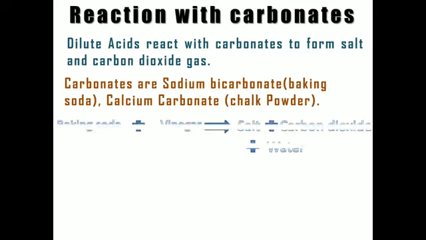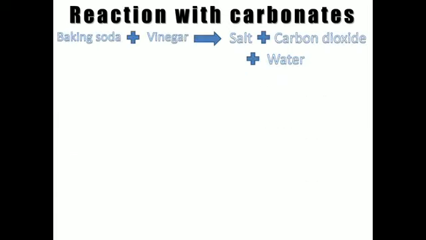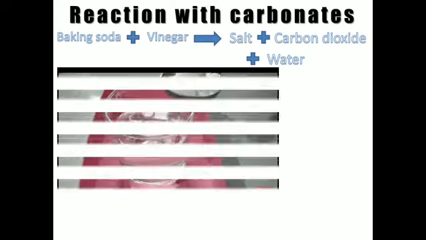When this reaction takes place, we can react this bicarbonate salt with an acid like vinegar. This is going to produce salt and carbon dioxide, and yes, water will also be produced. We can watch this reaction here. Baking soda and vinegar are both reacting.